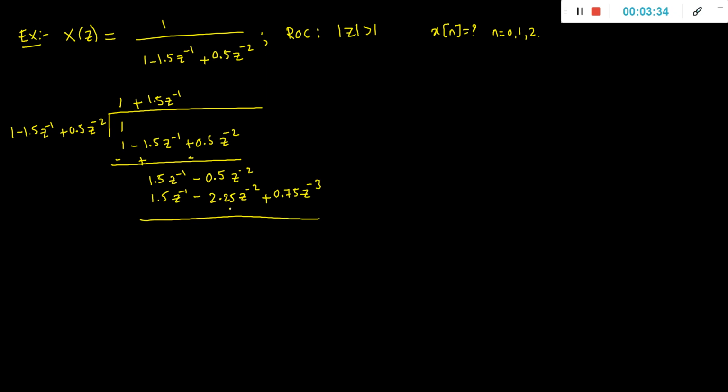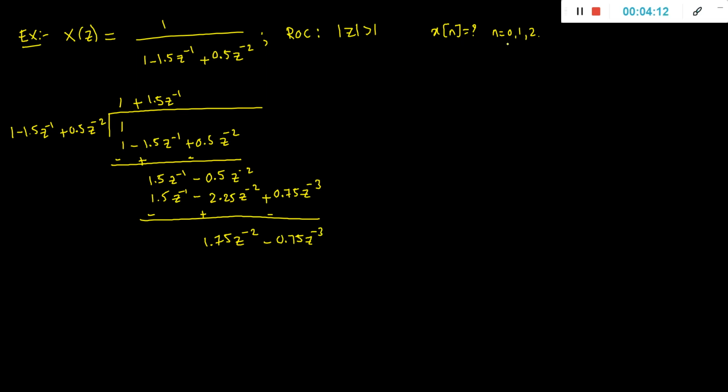So once again I flip the signs. 1.5 z inverse minus 1.5 z inverse is 0, this term gets cancelled out. Then we have minus 0.5 z to the power minus 2 plus 2.25 z to the power minus 2. If you subtract, that will be 1.75 z to the power minus 2. Now this term is anyways 0.75 z to the power minus 3.